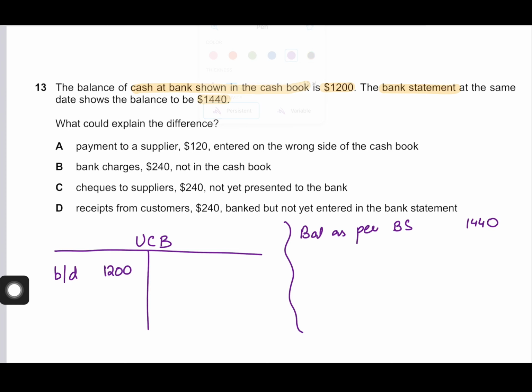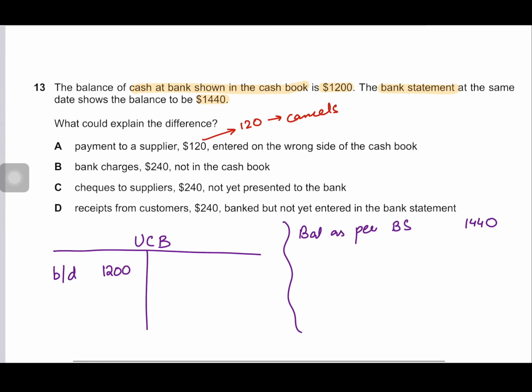Now in order to correct this error, I will have to make an entry on the credit side but with twice the amount of the original transaction, so that the first 120 cancels the effect of the wrong adjustment on the wrong side, and the next 120 recognizes the correct entry on the correct side. So 240 should have been credited in order to correct the error.